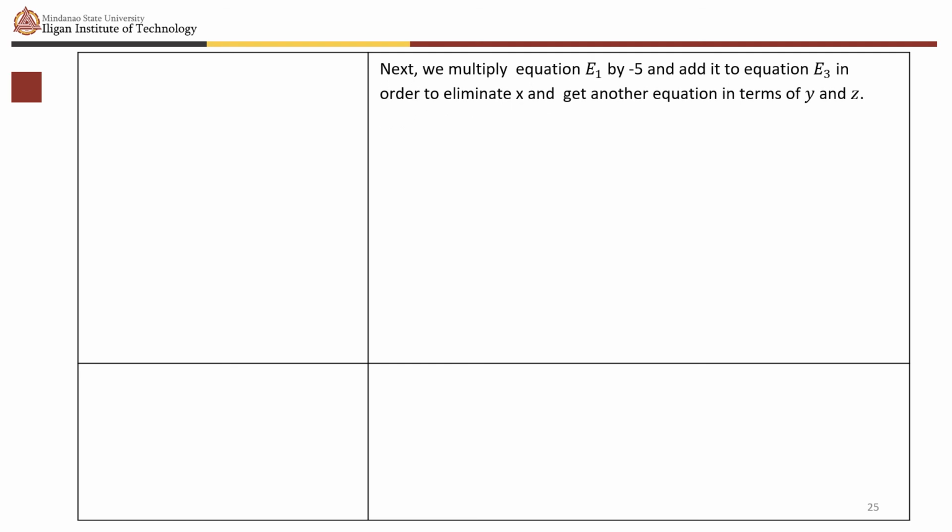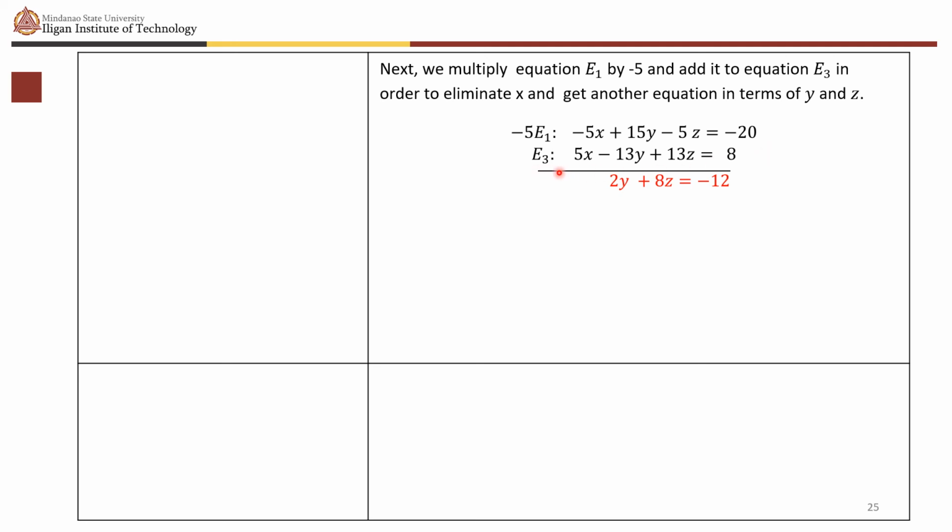Next, we multiply the equation E1 by negative 5 and add it to equation E3 in order to eliminate x and get another equation in terms of y and z. So we have minus 5 times E1 is negative 5x plus 15y minus 5z equals negative 20.